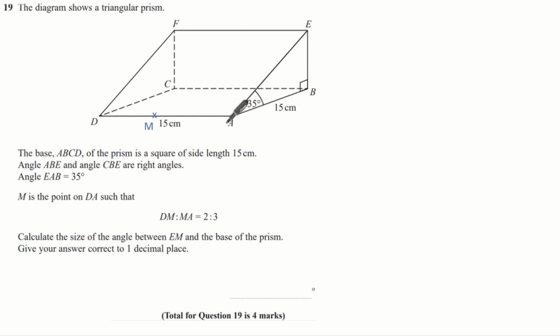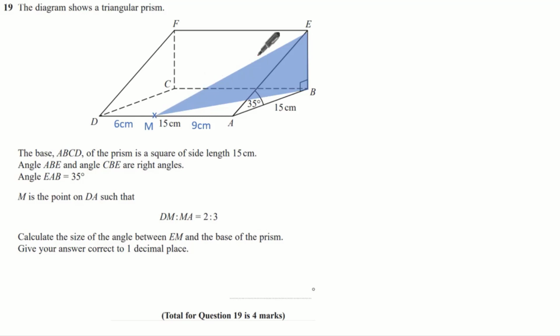Now 15 centimeters needs to be divided according to this ratio. So 15 divided by 5 is 3, multiplied by the 2 means DM is 6 centimeters, and MA must be 9 centimeters. Now the question wants me to work out the size of the angle between EM and the base of the prism.